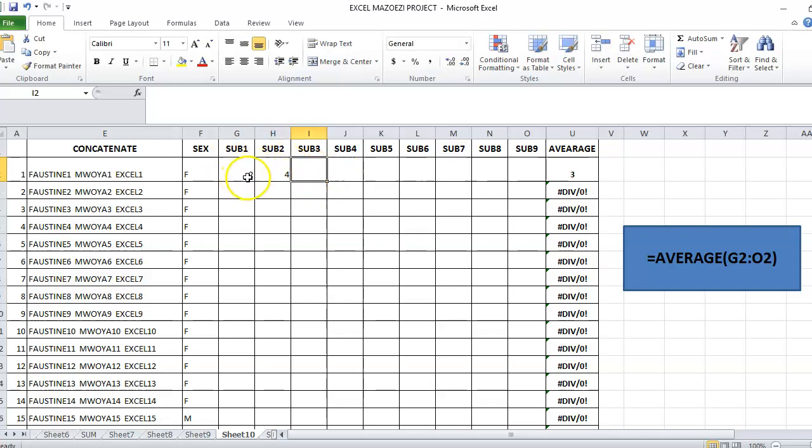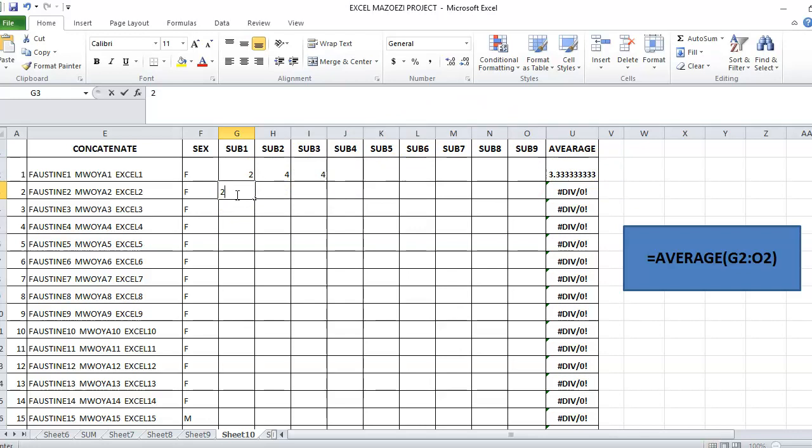Now I have 2 plus 4 is 6, and 6 divided by 2 is 3. Let's say I put 4. Now I have a total of 10, and divided by 3 is 3.33, and so on.